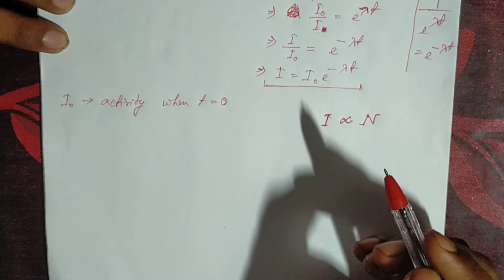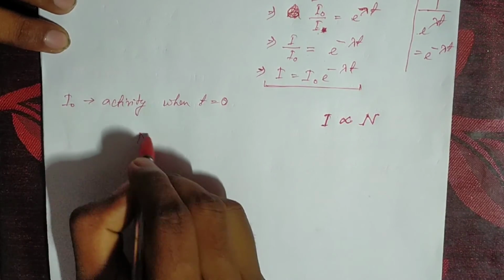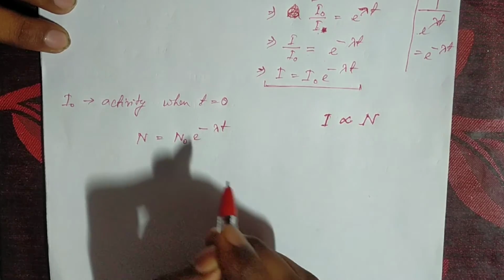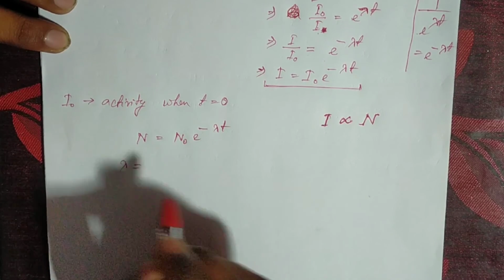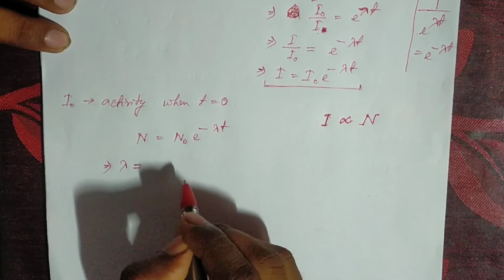So we can write this equation in terms of number of atoms. So n is equal to n naught e to the power minus lambda t. Okay, so we can calculate lambda.